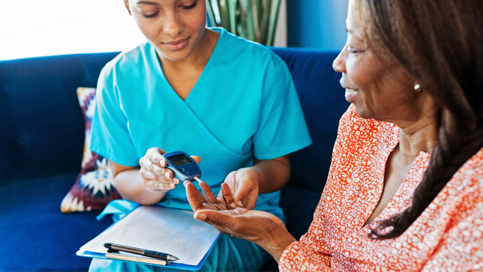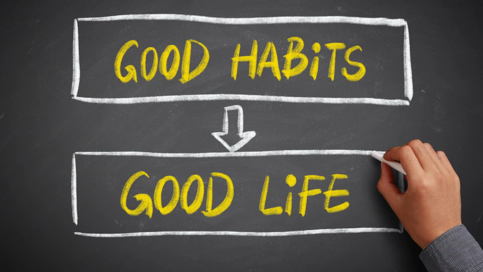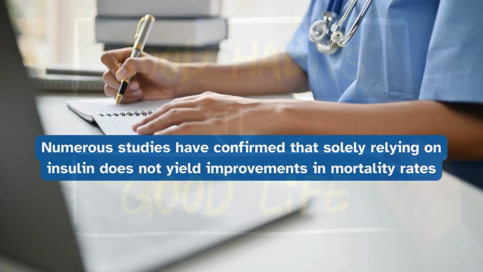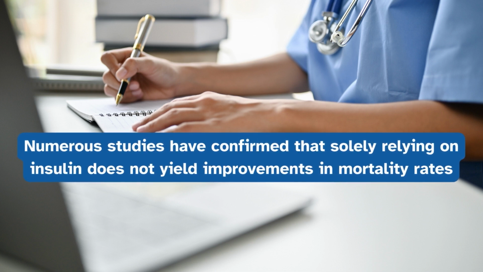For example, in the case of managing blood sugar control, prescribing insulin alone may not effectively address insulin resistance unless the person also makes corresponding changes in their lifestyle habits. Numerous studies have confirmed that solely relying on insulin does not yield improvements in mortality rates in type 2 diabetes. Now the GLP-1 analog injections not only lower blood sugar, but they also help with weight loss.